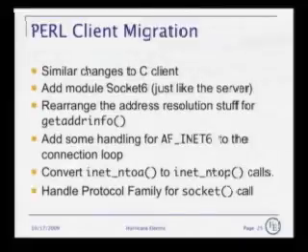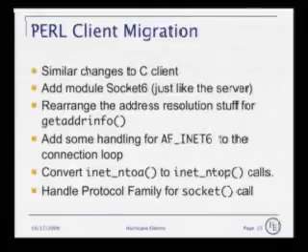The client migration, very similar to the server, and even more similar to the C client. Add the same module, rearrange the address resolution stuff, add some handling for AF_INET6 to the connection loop, and convert inet_aton to inet_ntop, and protocol family stuff for the socket call.